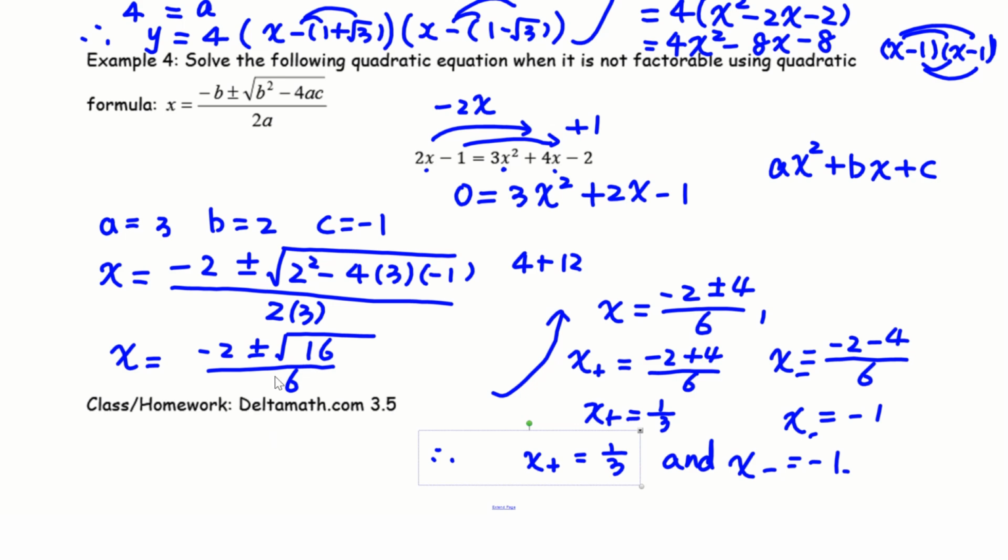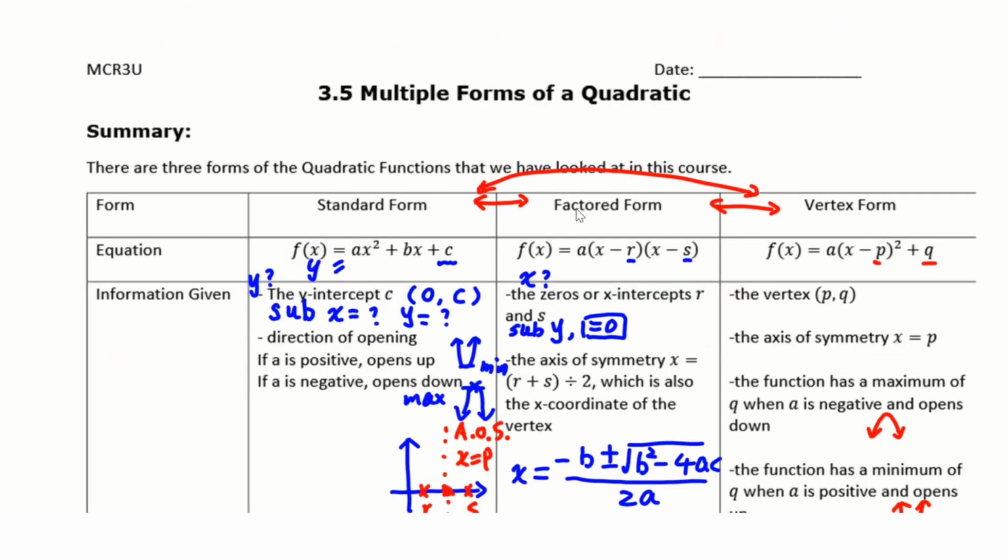That is all for this lesson. So in this lesson we have gone over the three forms: standard form, factor form, and vertex form. From these three forms, standard form, it's easier for you to find the y-intercept.